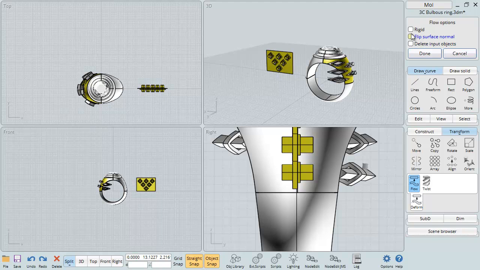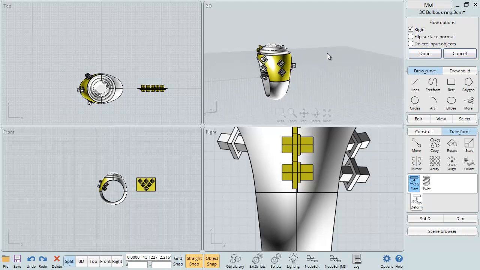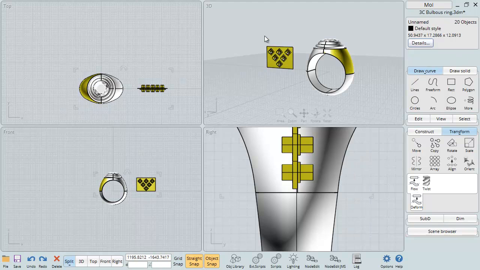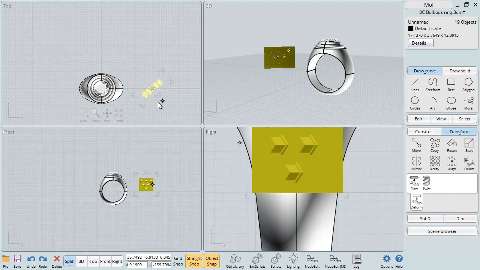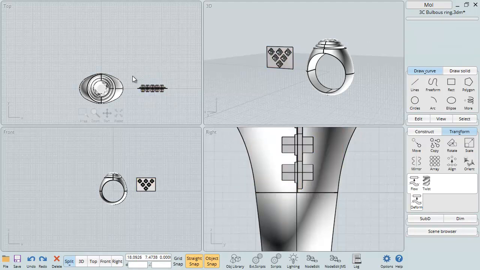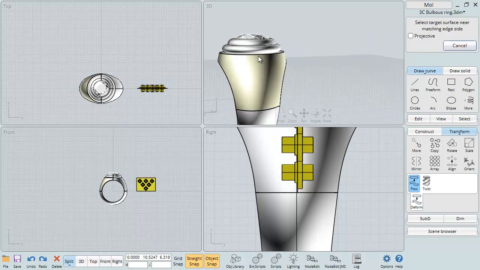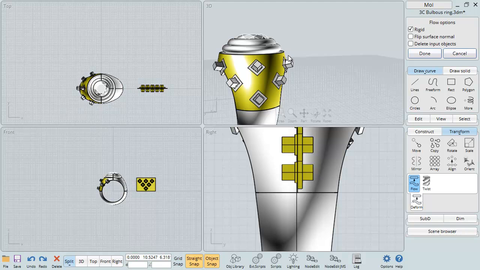Let's go rigid to keep my object. I didn't get what I want, so let's go flow again. Let's go in the top middle. In the top middle. There we go.